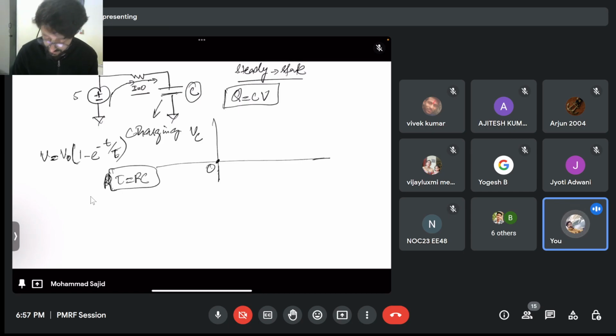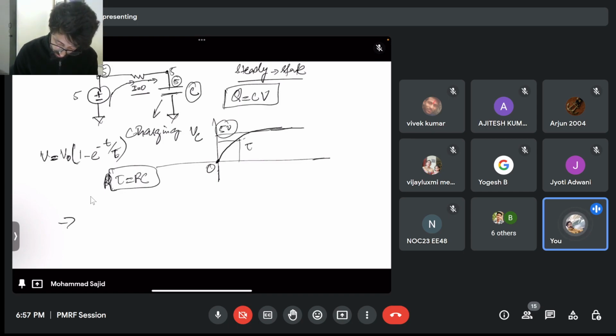Just for understanding, the capacitor starts charging and its potential starts rising, and it will ultimately reach 5 volt. So it gets fixed at the 5-volt supply after a particular time, which is called the time constant. And when this is 5 volt, this is 5 volt.